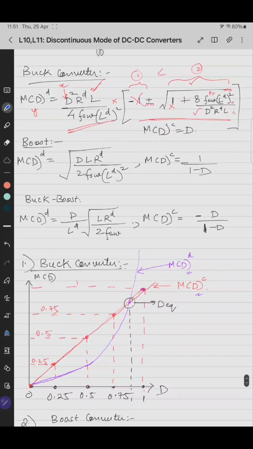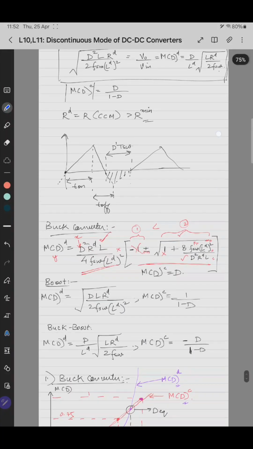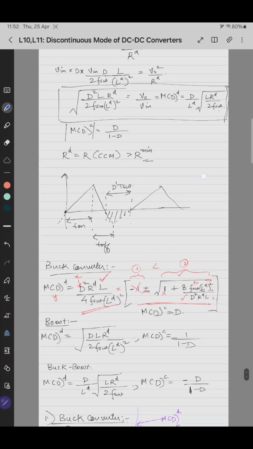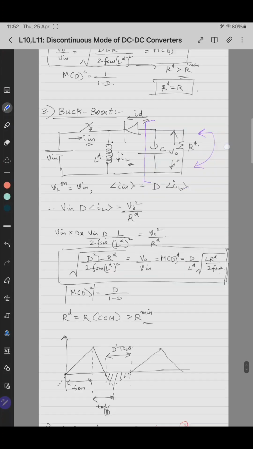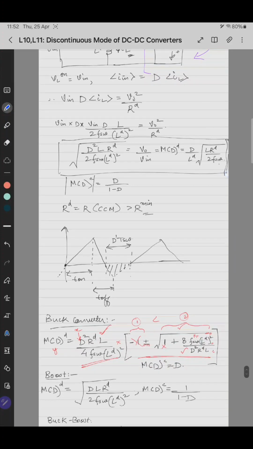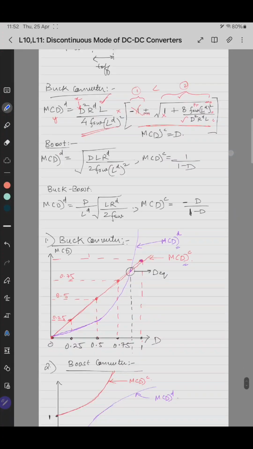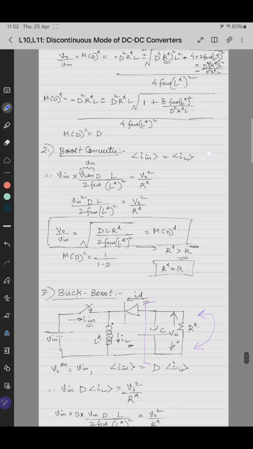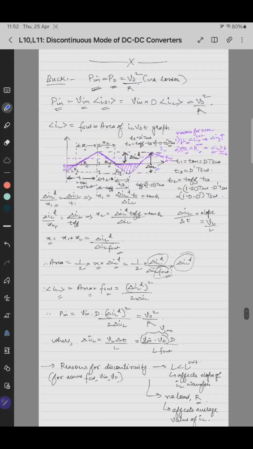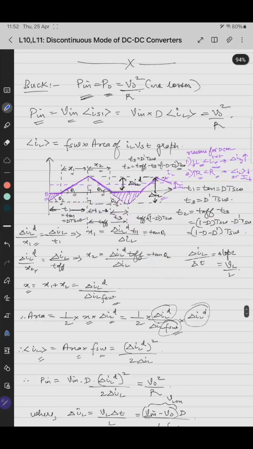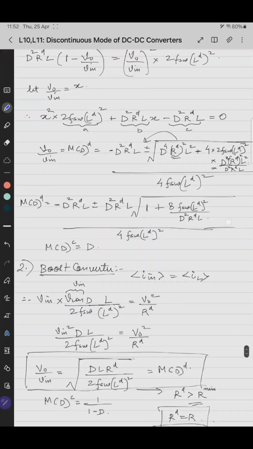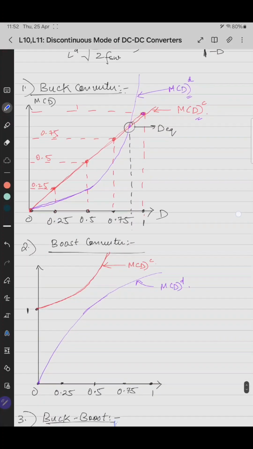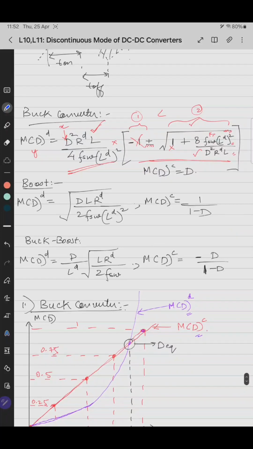We'll stop the lecture here. We have analyzed the discontinuous mode of operation of these DC converters. We went with steady state analysis with the waveform, and we tried different approaches for finding the DC gain in DCM. We correlated the inductor current waveform in DCM versus CCM by using triangle properties, and we tried to derive it in terms of the known or CCM parameters, and thus we derived the DC gains.